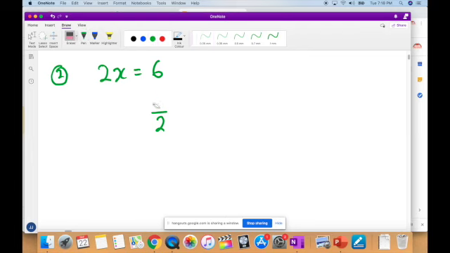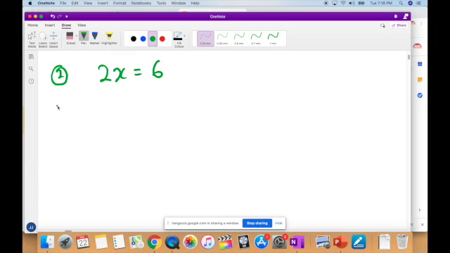Is that magic? Caitlin, can you explain? Because it went over the equal sign. Yeah, so when you jump over the equal sign, you just turn different. Right? What are you actually doing to get rid of the 2 from this side of the equation? It's a multiply by 2 here.